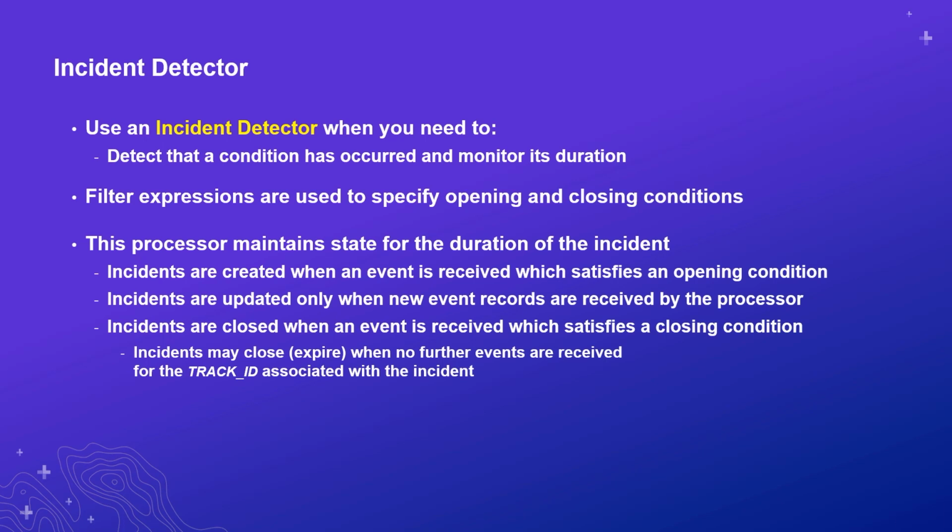An incident will be closed when an event is received which satisfies the processor's closing condition. Incidents may also be administratively closed when no further events are received for a given asset's track identifier within a specified period of time. You can think of this as allowing an incident to expire when no further updates are actively being received.